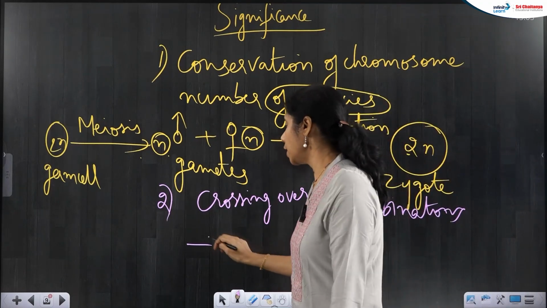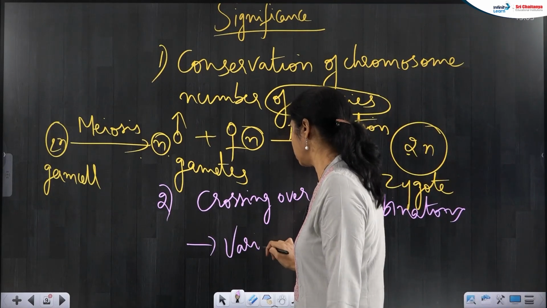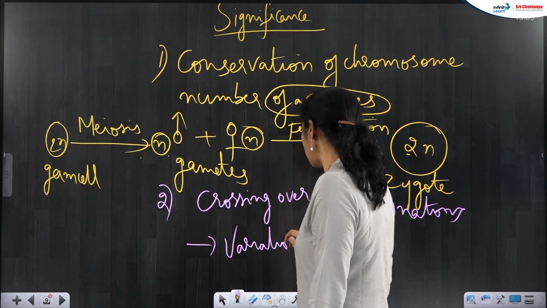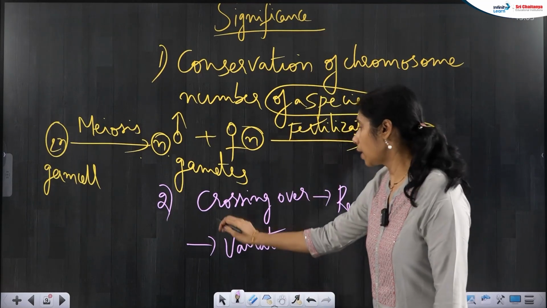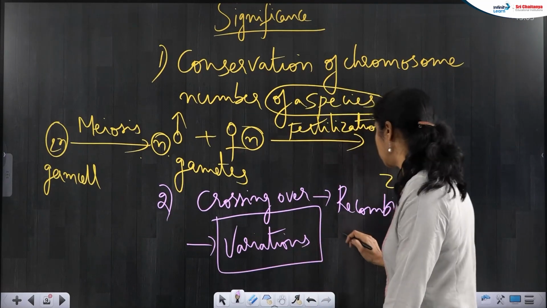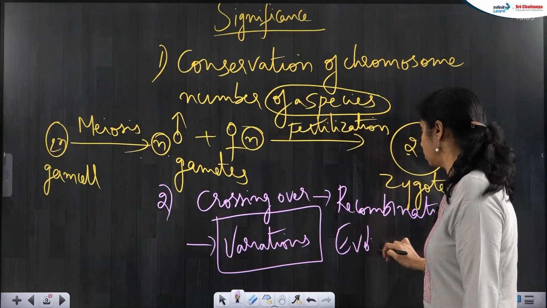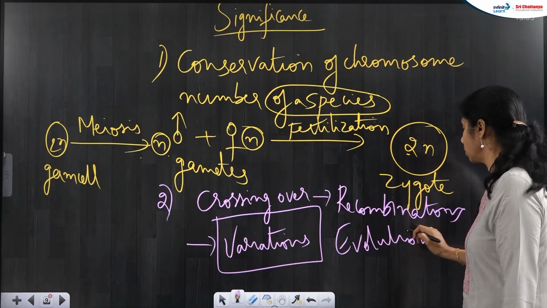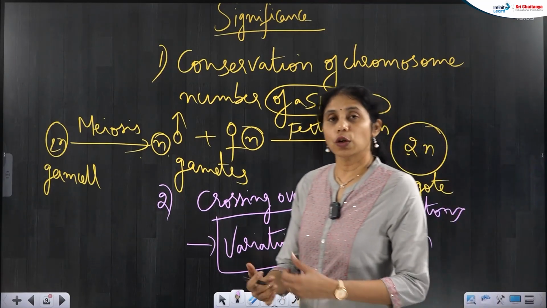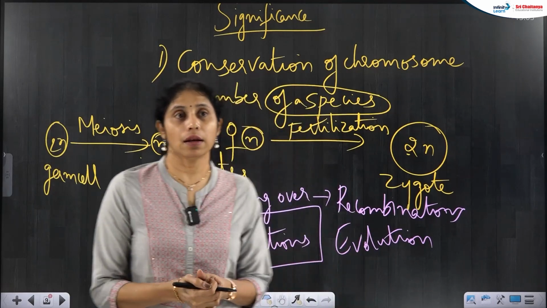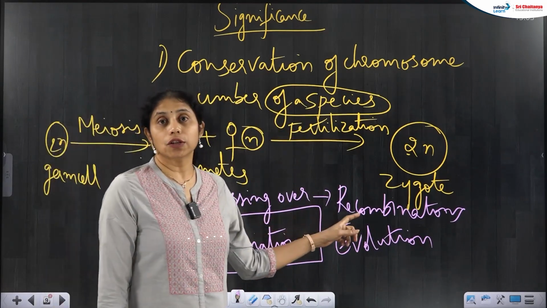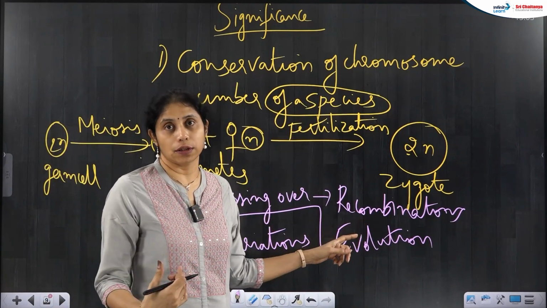Recombinations lead to variations, differences among the organisms. These are important for evolution. So crossing over, which happens in the pachytene, leads to recombination of genes.